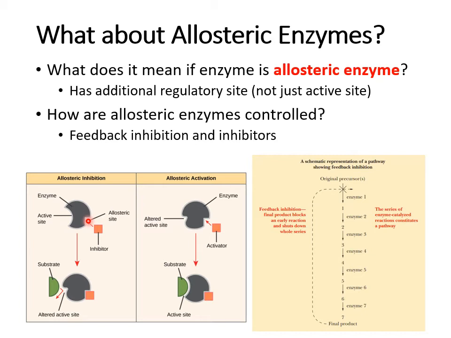Now, there are two main ways for these allosteric enzymes to be controlled. One is feedback inhibition, which comes up a lot in your biology courses. You'll see this in every class: cell bio, genetics, molecular, in our class here. Usually what you see is negative feedback inhibition. There are also positive ones, but we're going to focus on negative feedback inhibition. You see a pathway here guided by a whole lot of enzymes to make the ultimate final product down here.